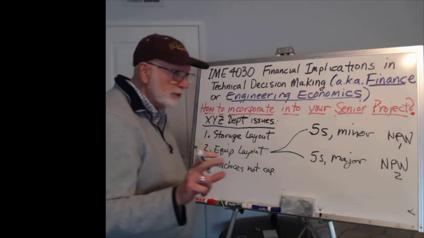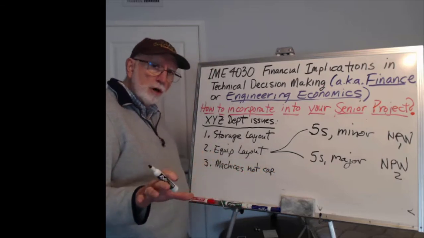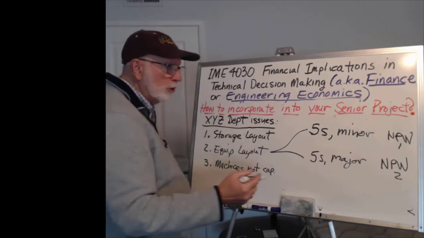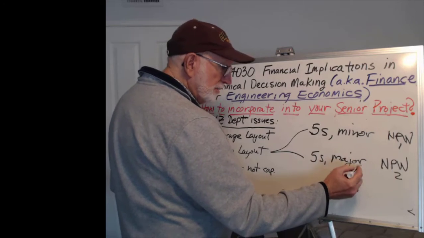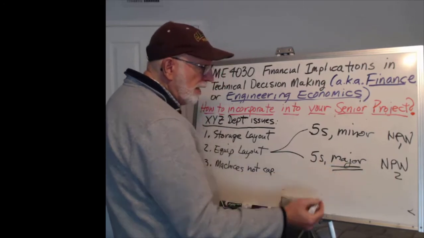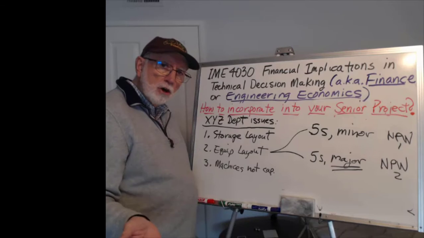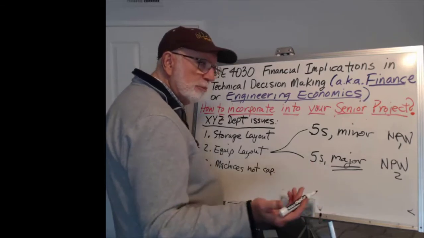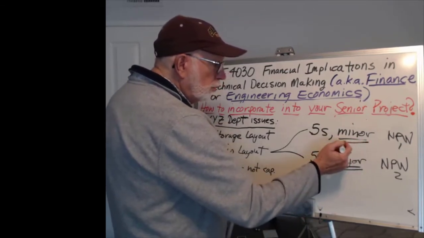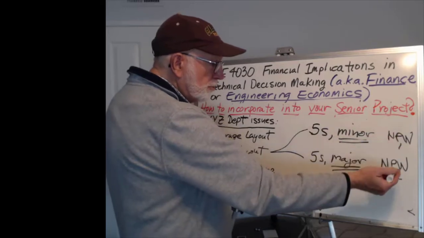But keep in mind that there are some other issues that could come up. For example, the major rearrangement might take longer, and that time delay costs money, and so that could be an issue. So you calculate these net present worths.